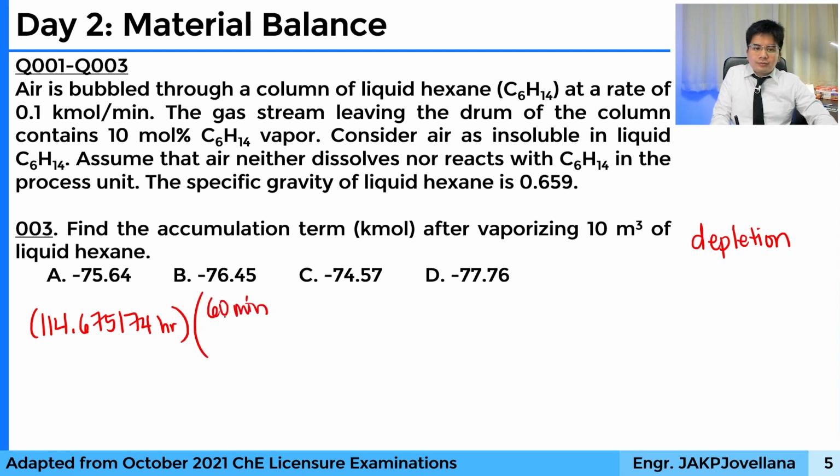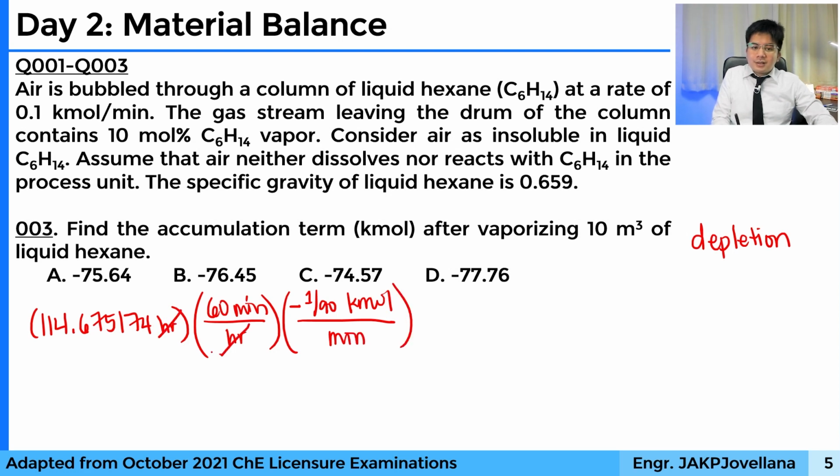Times 60 minutes per hour, and then multiply the molar flow rate of hexane that leaves the unit. Let us use negative as a sign for loss of mass from the unit. Negative 1/90 kilomoles per minute.